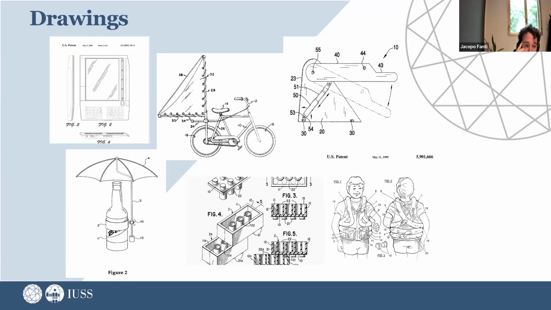And then we have a sailing bicycle, for example. We have the beer umbrella, which is an umbrella for a bottle of beer. Then we have a gerbil shirt, so you can move around with your gerbil inside your shirt, and so on. So the drawings help in describing and providing information about your invention.